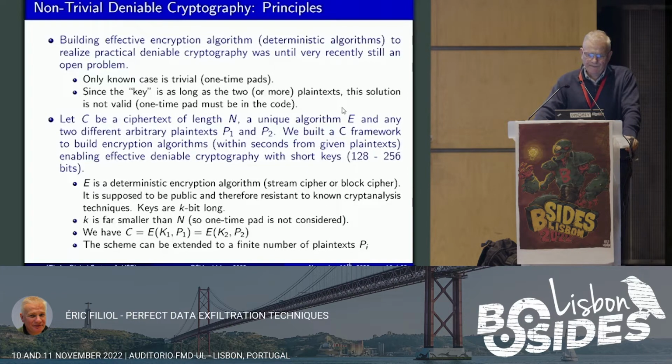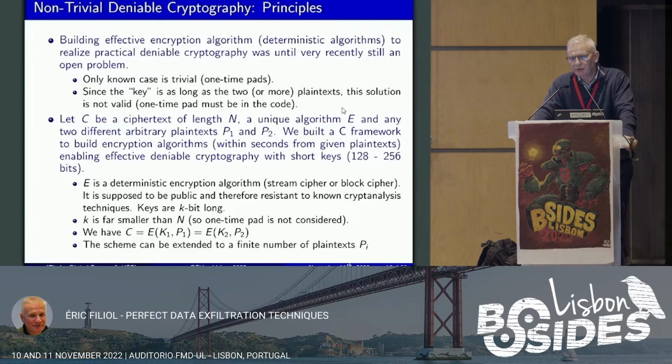So last year we found a practical solution which is non-trivial, and in fact we still consider a ciphertext C, a unique algorithm E, and two different plaintexts P1 and P2. We implemented a framework which is able to build the algorithm E on the fly.